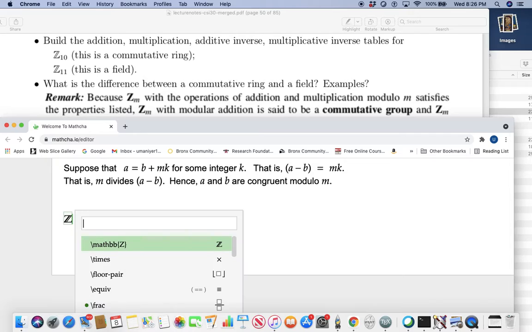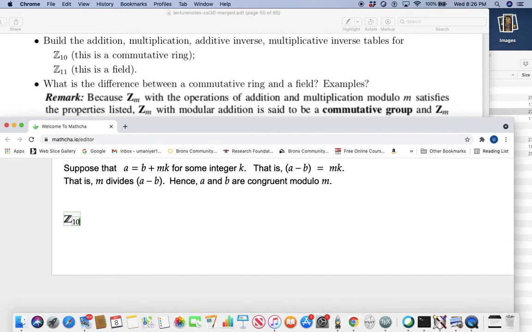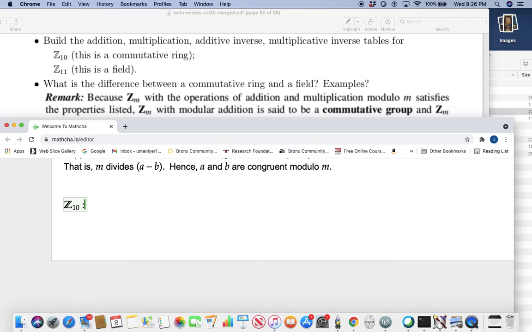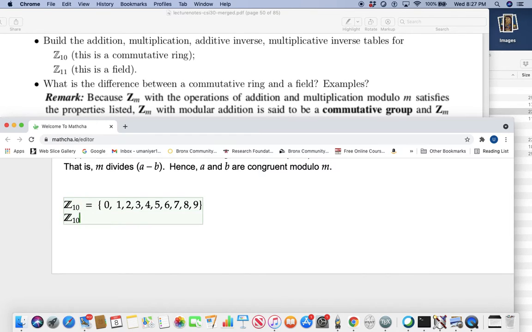So you want to study Z10. What are the elements here? 0, 1, 2, 3, 4, 5, 6, 7, 8, 9. So for 10, you start from 0, go until 9. Whereas for Z11, you would start from 0, go until 10. That's the point. You start from 0, go until 1 less.